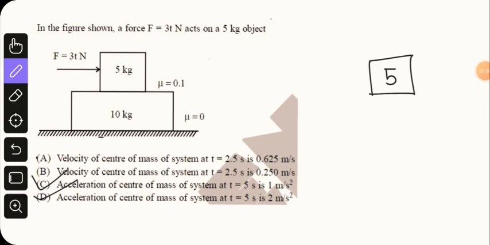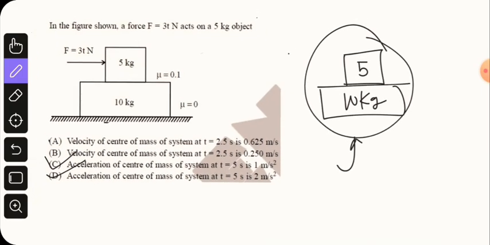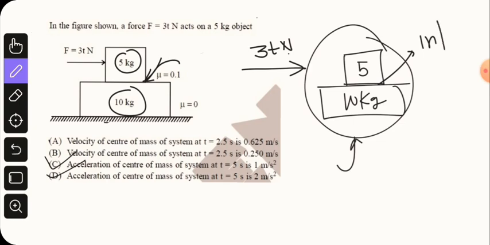We are considering the 5 kg mass and the 10 kg mass as a system, right? If we consider this as a system and find the external force acting on it, there is an external force of 3t Newton acting, right? And there is another force between the two blocks, the 5 kg and the 10 kg, but this is an internal force.